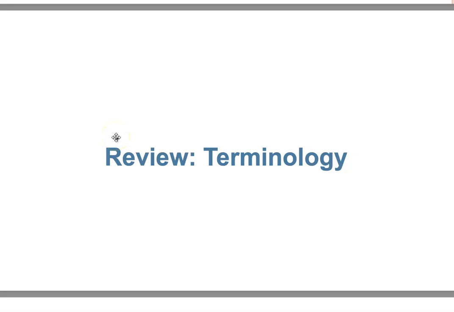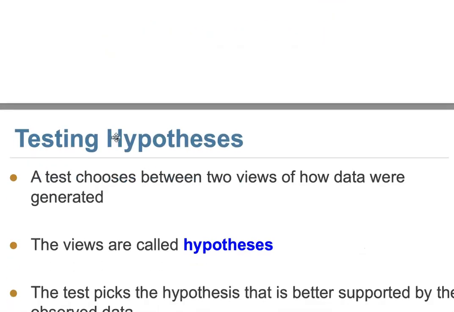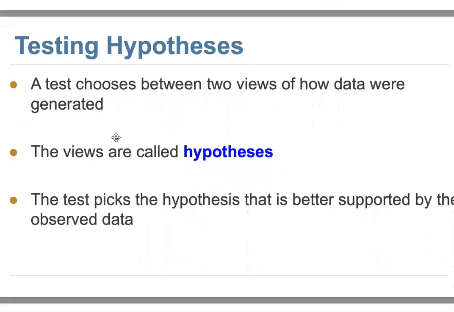Let's do a quick review about the hypothesis testing we talked about in the previous lecture. We gave you a couple examples about testing hypotheses. A hypothesis test chooses between exactly two views about how the data was generated. We call each view a hypothesis.